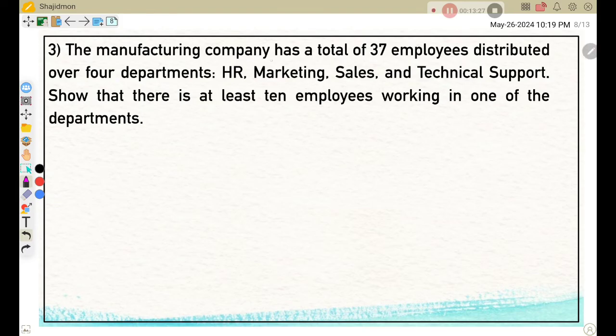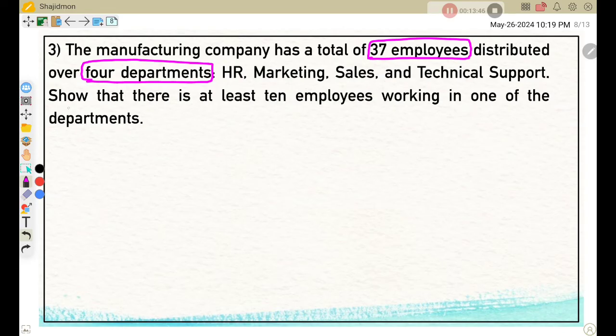A manufacturing company has a total of 37 employees, keep that in your mind, distributed over 4 departments. What are the 4 departments? HR department, marketing department, sales department and technical support department.